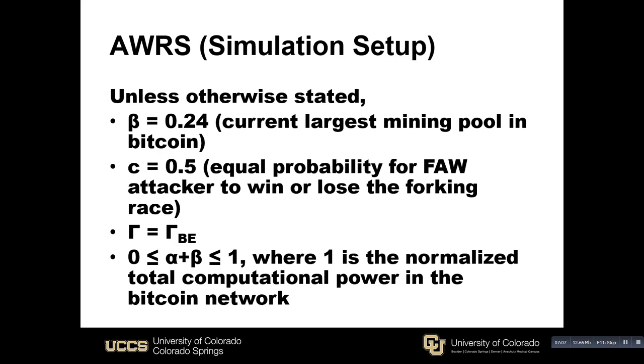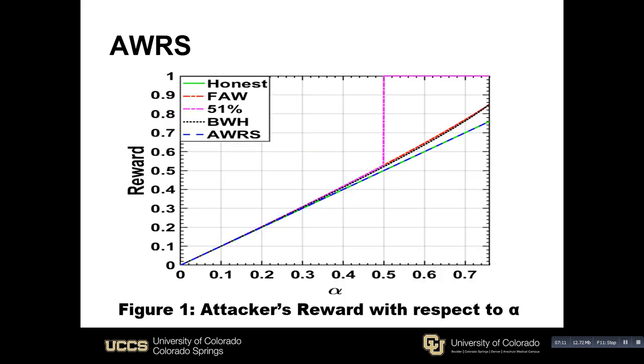Here in figure 1 we see the attacker's reward with respect to alpha. When AWRS is disabled, the FAW attack outperforms the BWH attack; here the FAW attack is the red line and BWH is the black line, and there is a 51% attack.